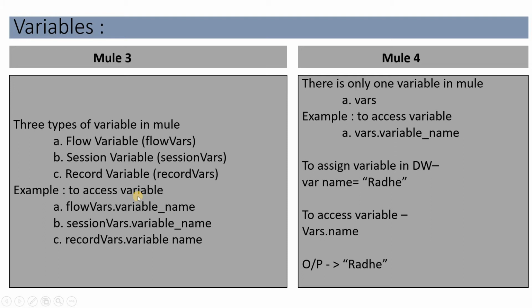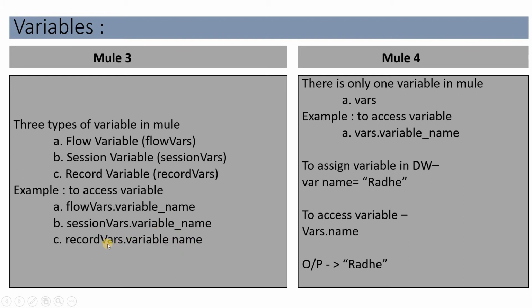So how can you access variables in Mule 3? Whatever variable you have defined in a component, you can access it using flowVars dot variable name. For session variables it is sessionVars dot variable name, and for record variables it is recordVars dot variable name.